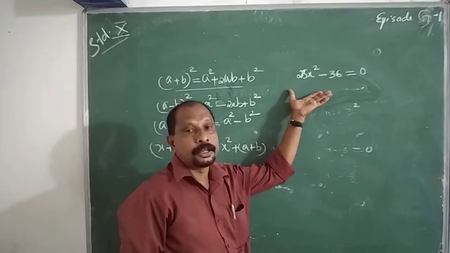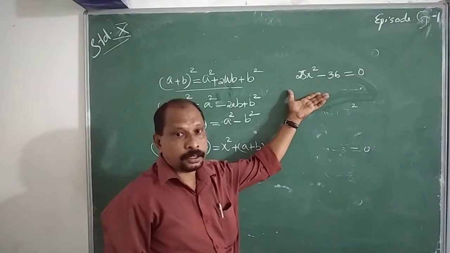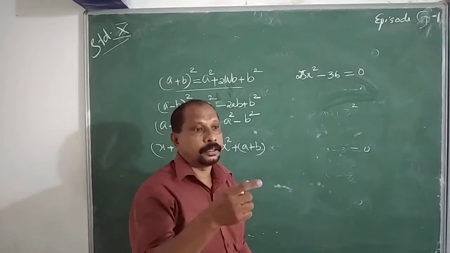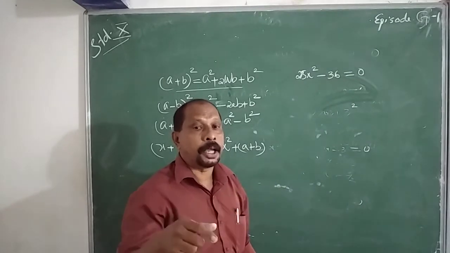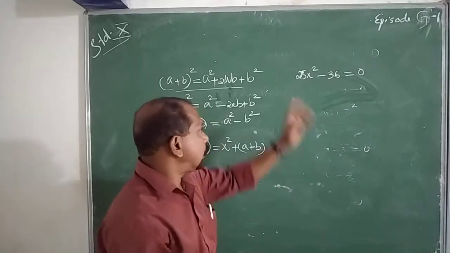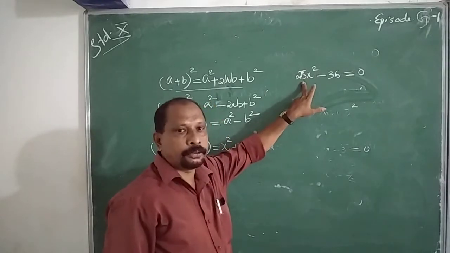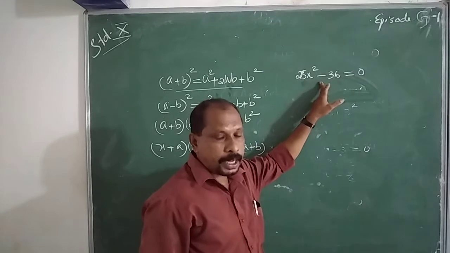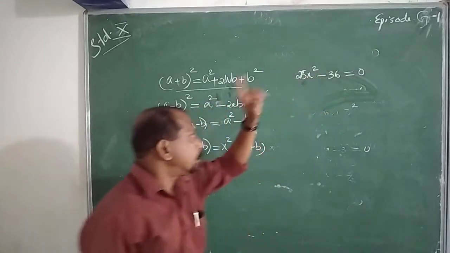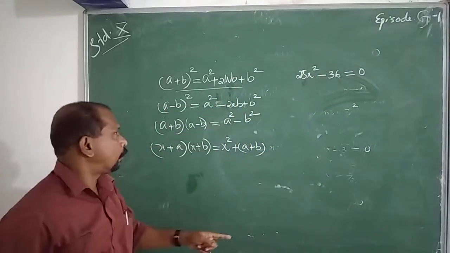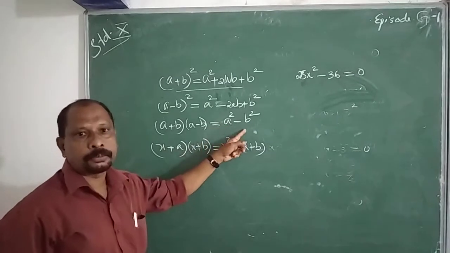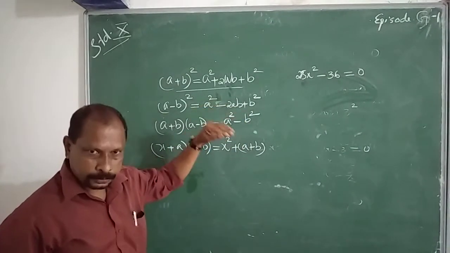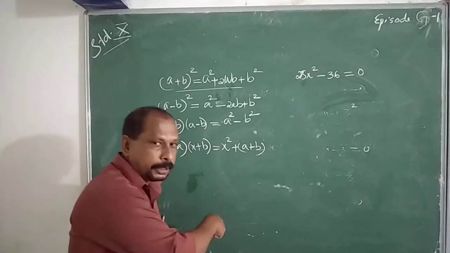But in this case, the first term is x square and the second term is a constant. The middle 2ab term is reduced to 0. Therefore, this is the square of one term and the square of another term. The sign between these two is minus. Therefore, this expression is of the form a square minus b square. Therefore, we can factorize this equation using this method.